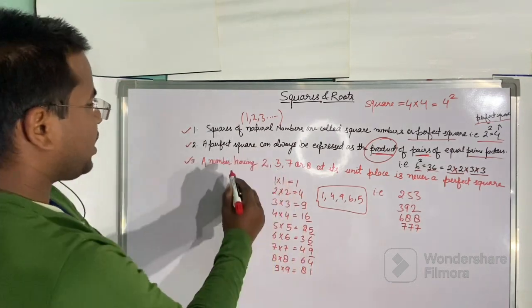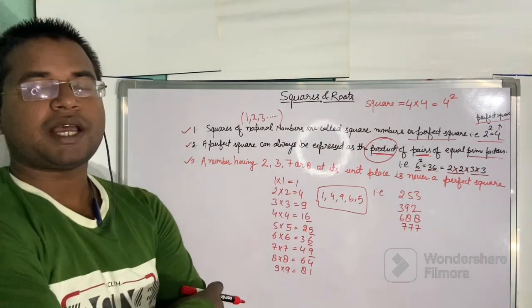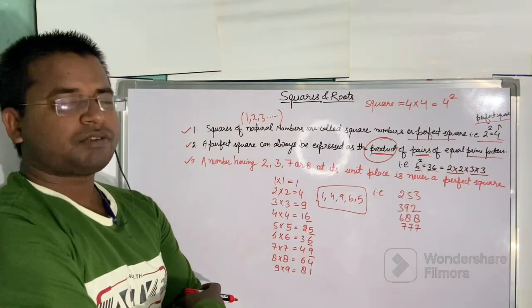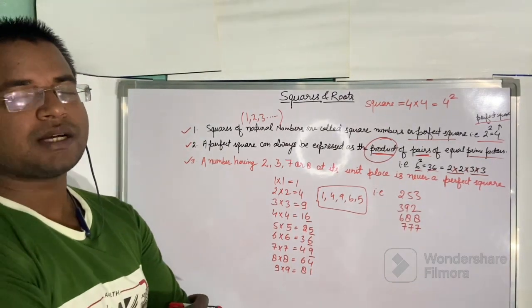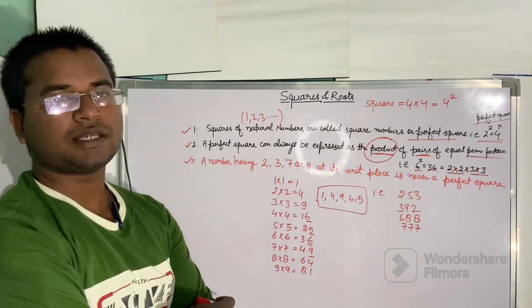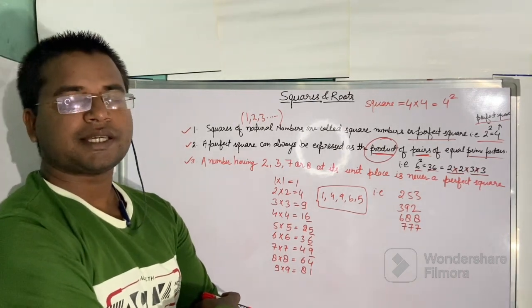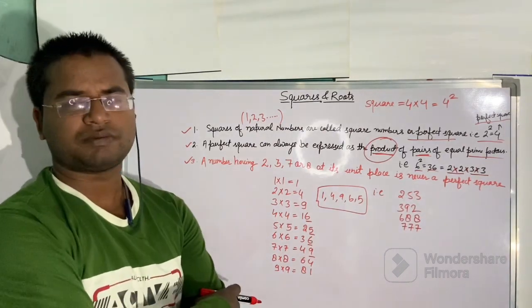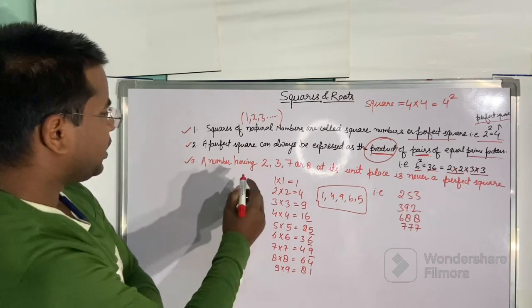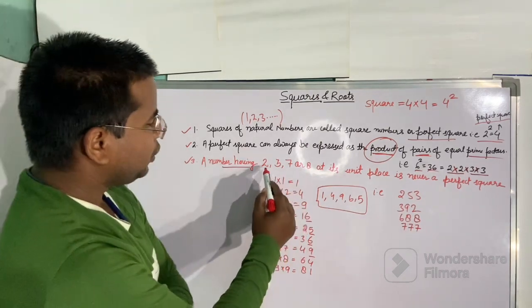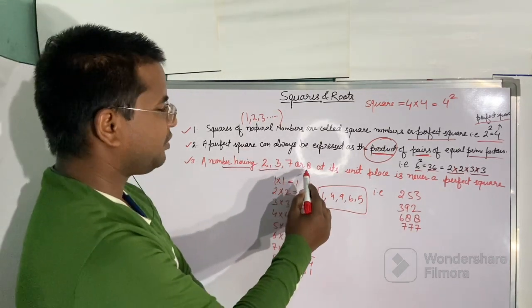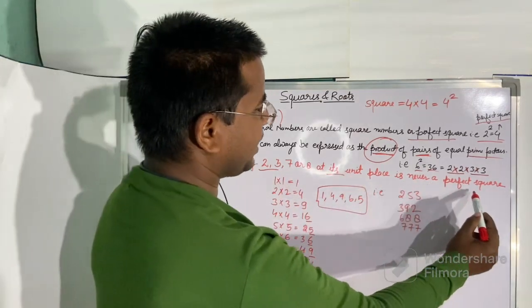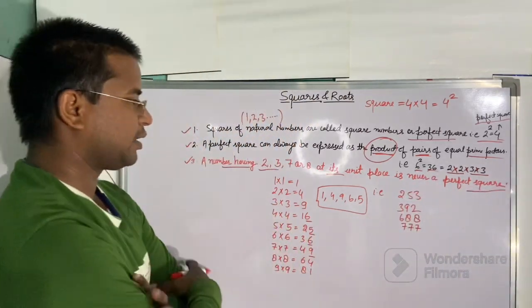Next, there is a very important rule, and it is very important when many students solve problems in competitive exams like SSC, bank, SSC CHSL, CGL, all exams of the SSC. A number having 2, 3, 5 or 7 at its units place is never a perfect square.